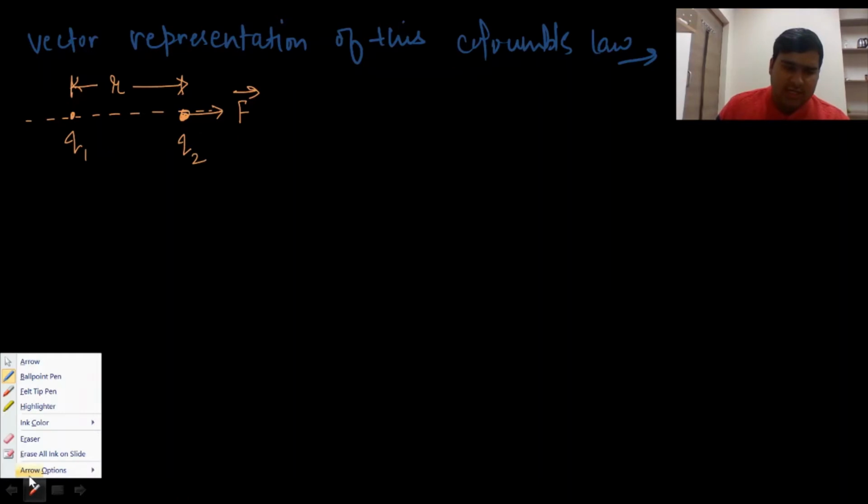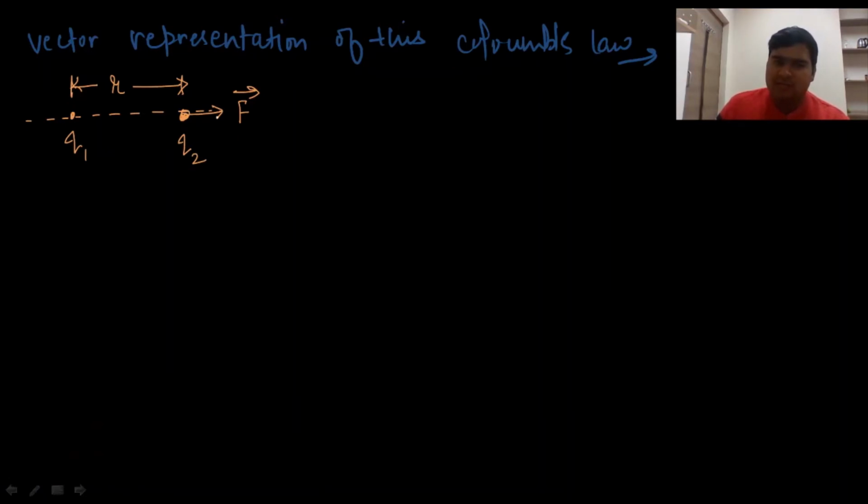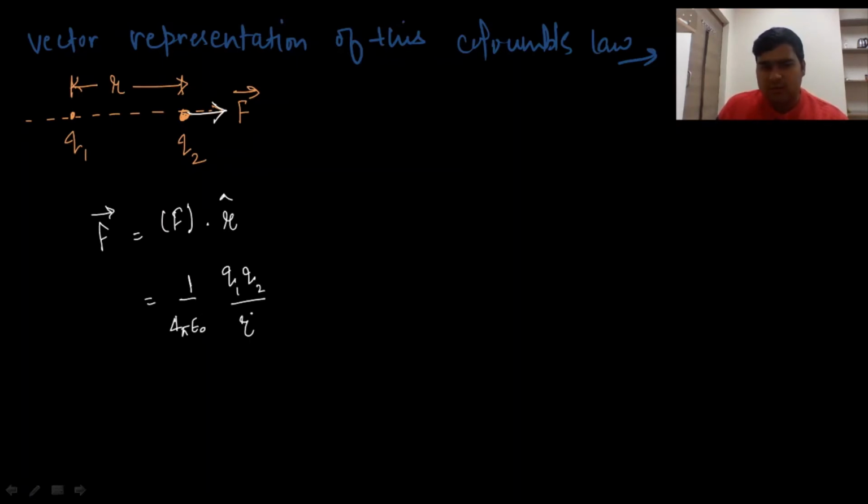In this case, as I told you, the force will be repulsive, which means it will act outward. So I can write the force vector as the magnitude of force into r cap, where r cap is the unit vector along this distance r. So it will be 1 upon 4 pi epsilon naught q1 q2 by r square multiplied with r cap.